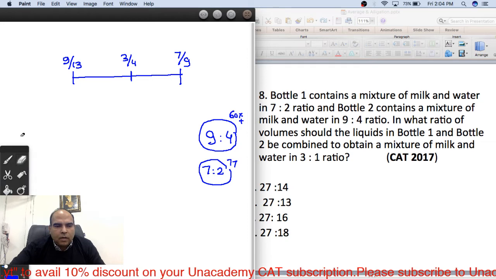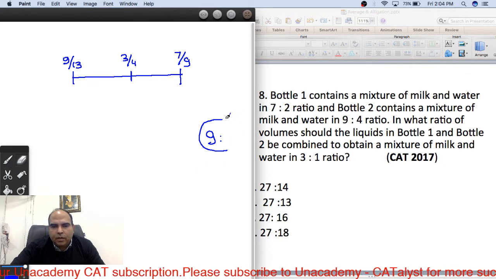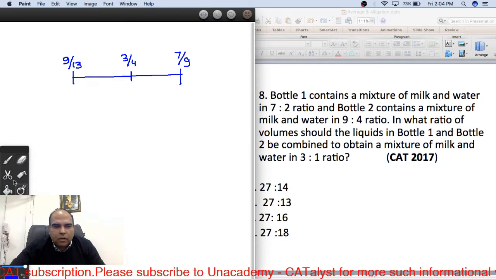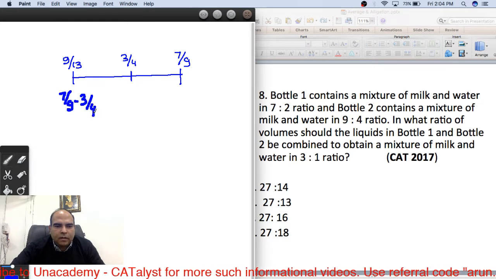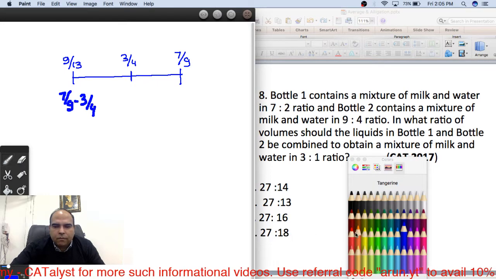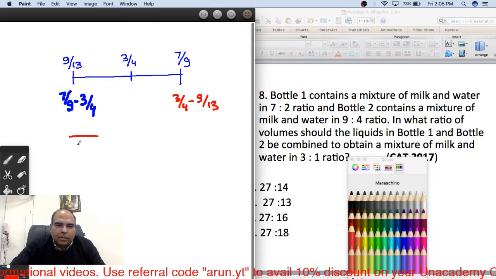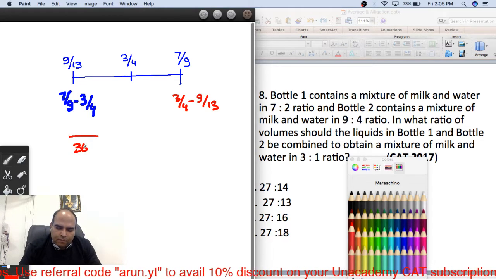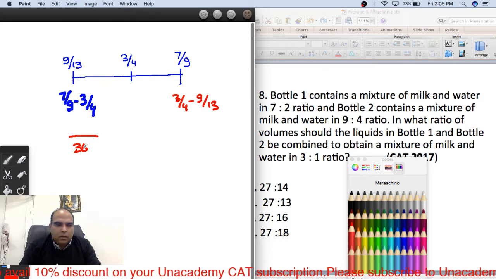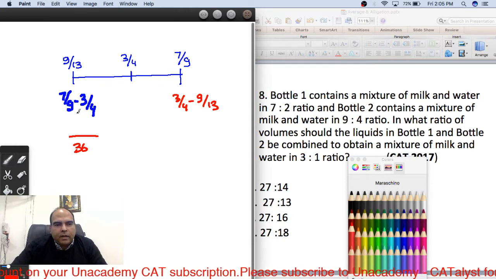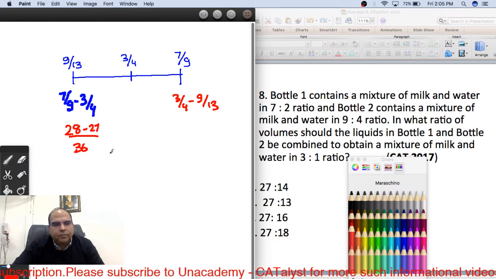With these three numbers, the next thought is that if I want the ratio, I'll have to do a subtraction of 7/9 minus 3/4 on this side, and a subtraction of 3/4 minus 9/13 on this side. तो इस साइड अगर subtraction करूँ तो ये 36 होगा. 36 is the LCM of these two on this side, and 7 4s are 28, and this will be 27.